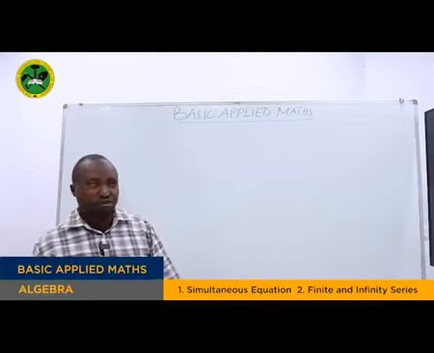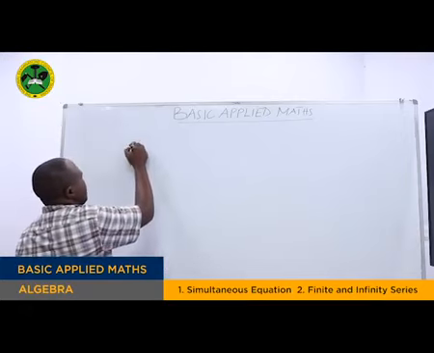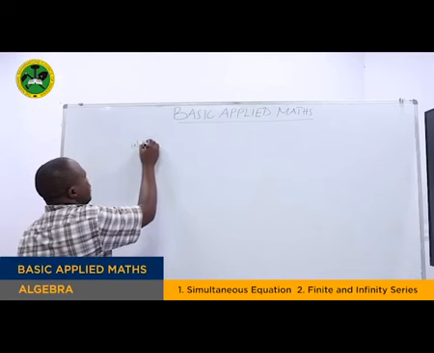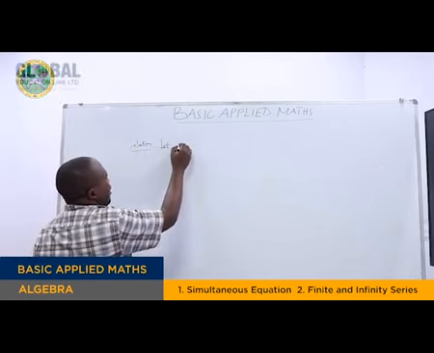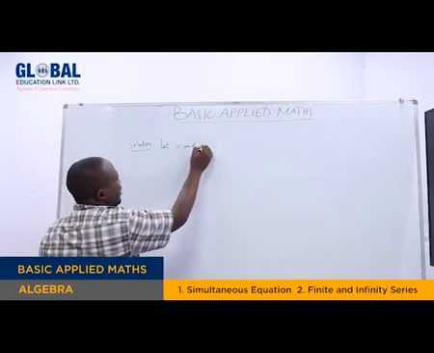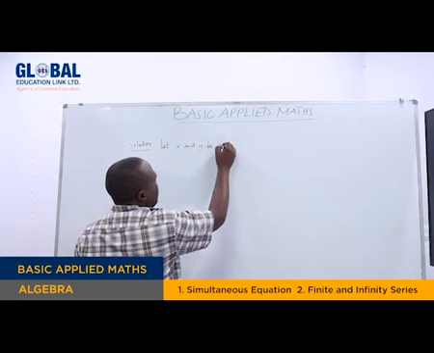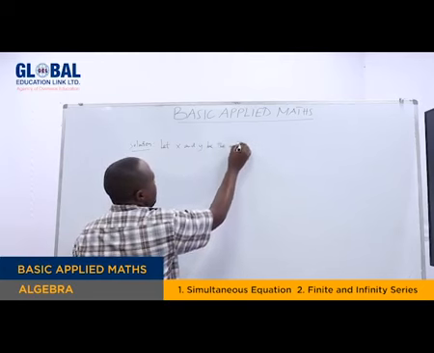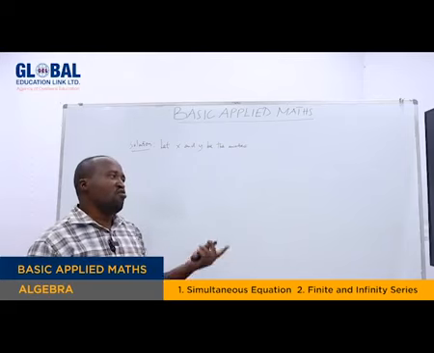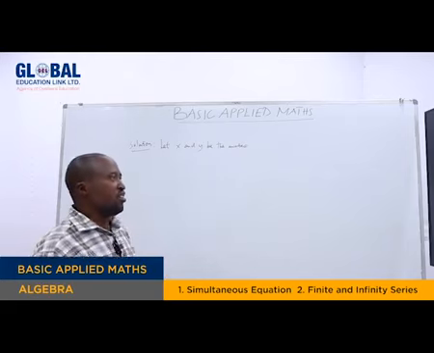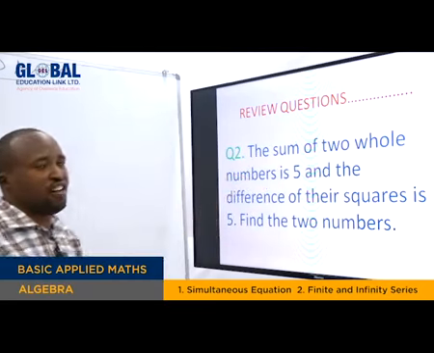Now the first step, we have to interpret the question by saying, of course, this is the solution. Again, just say let x and y be the numbers, because the numbers are unknown and we have two numbers. Now the question says the sum of two whole numbers is 5.